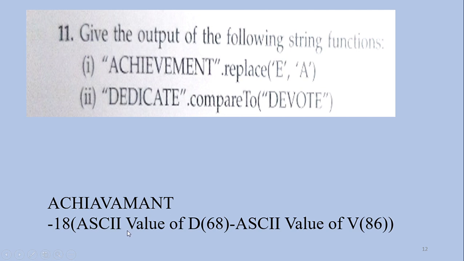Clear? Because everybody may not remember the ASCII values, but then you should use your common sense. That is, capital D will be having an index value smaller than the capital V. So you can say, when you subtract this from this, you must be getting a negative value. So if you don't know the correct ASCII value, better you write it as, it returns a negative integer. Clear? So if you just write negative integer, that will also work out.